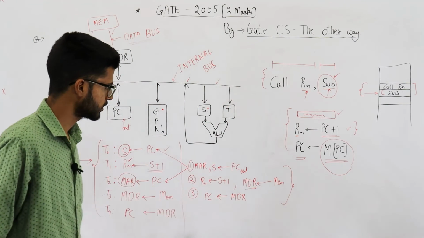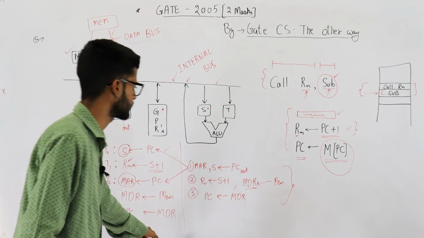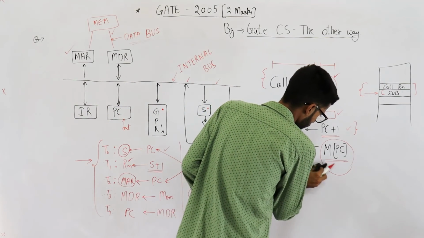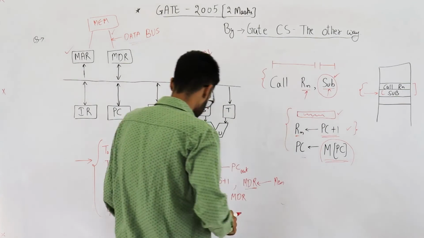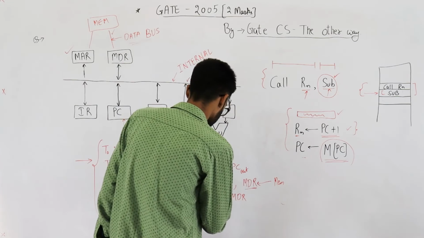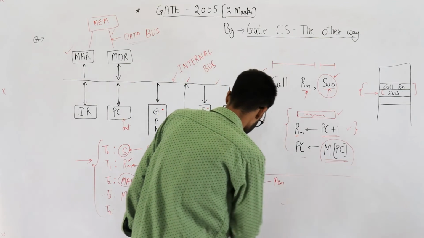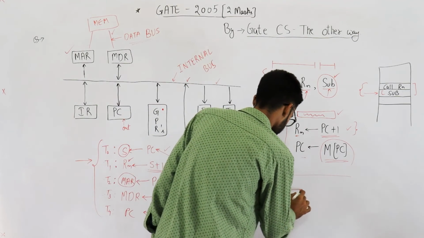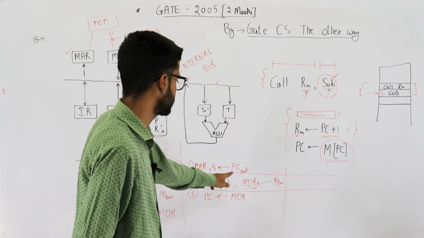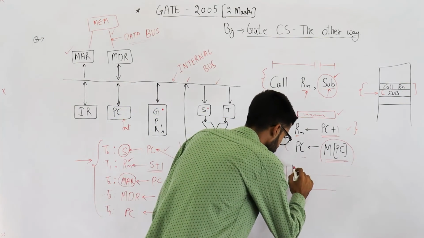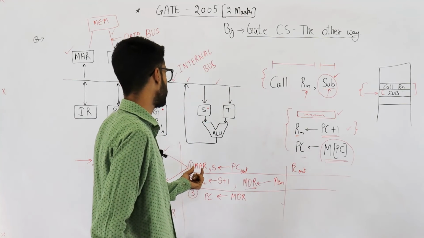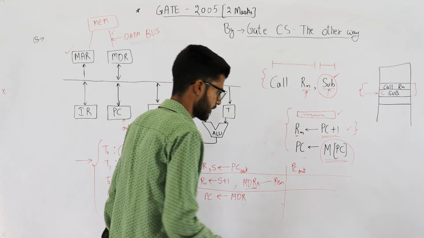I have not actually written the control signals, so let's write them. The control signals will be: in the first clock cycle, PC gets a out signal, and both the memory address register and S get in signal.